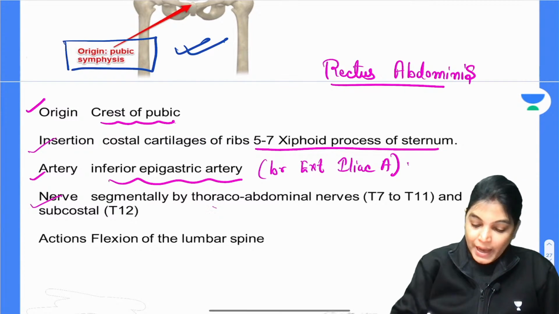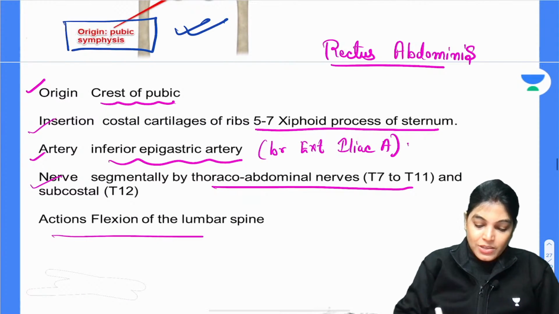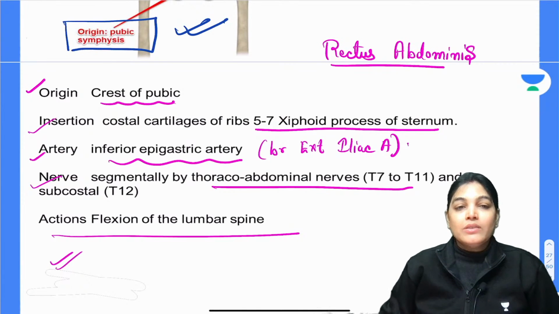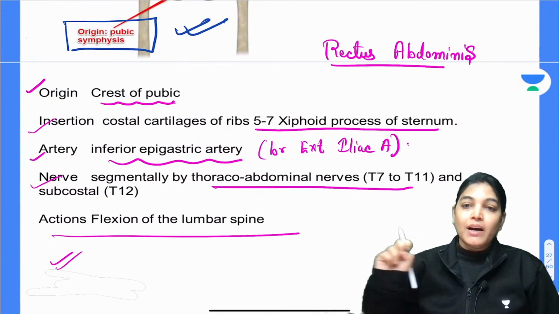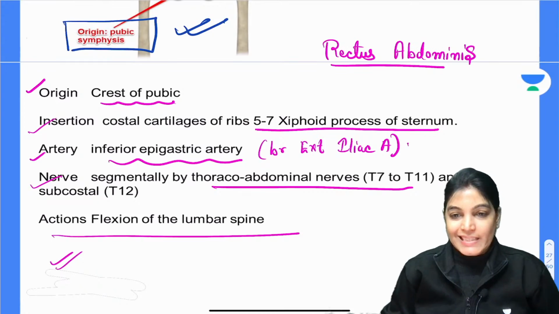Nerve supply is the thoraco-abdominal nerves T7 to T11 and the subcostal nerve. Action is flexion of lumbar spine. So xiphoid process will be the better option because the right costal cartilage numbers were not placed in the option. So we will go with xiphoid process as the most correct answer here.